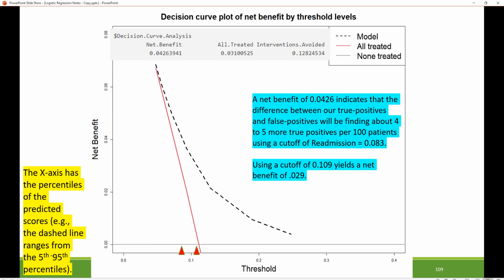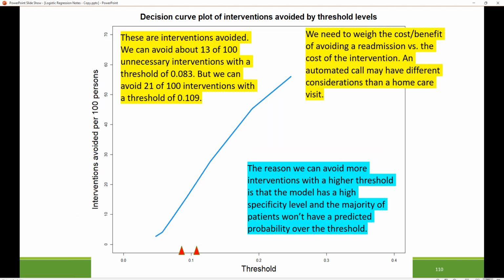And from that value, if we say one readmission is worth 9 non-readmissions, that gives us a probability level of 0.10. So if they tell us that, we can easily convert that number into a threshold and implement our predictive model that way.